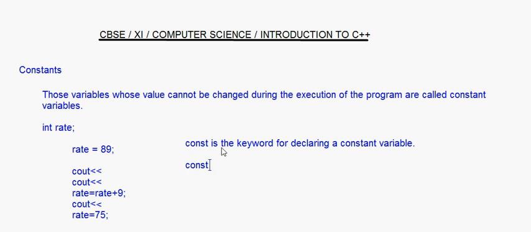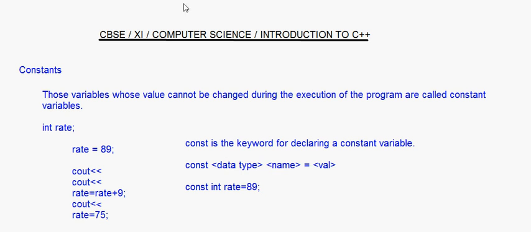So the syntax is like this: const, then the data type of the variable, then the name of the variable is equal to, and then the value of the variable. So if I write const int rate is equal to 89, this is a constant variable whose value cannot be changed, right?